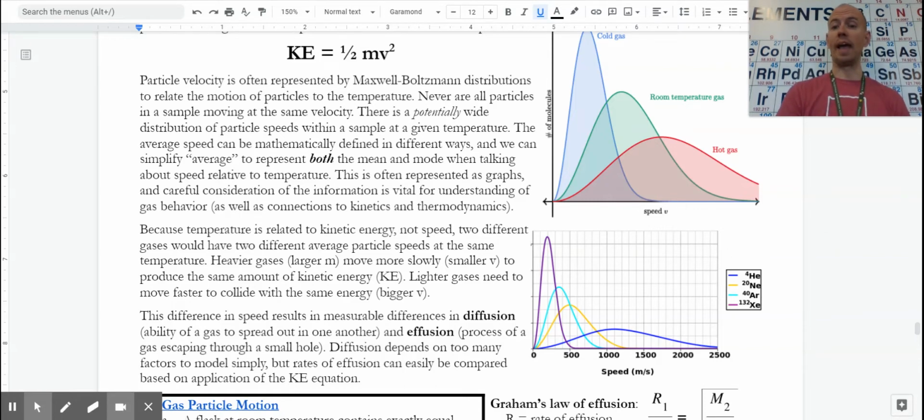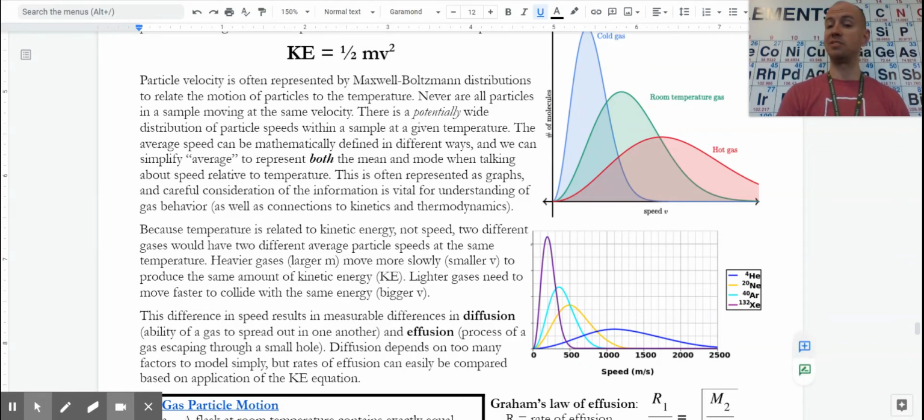For example, we have several noble gases here. Helium at a certain temperature, in order to have the same kinetic energy as xenon at that same temperature, the helium is significantly lighter. It is 30 times lighter or more than my xenon here.